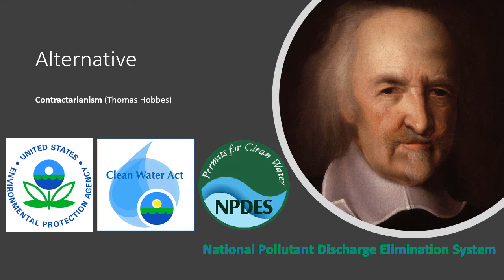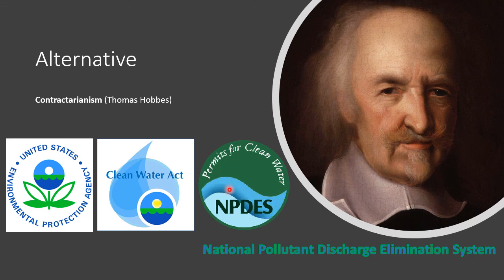An alternative way to think of this ethical situation is contractarianism by Thomas Hobbes. The EPA sets standards for proper wastewater treatment quality. We have the Clean Water Act, which is the law of the land when it comes to treating water and providing safe water to the environment and to the people of the community.